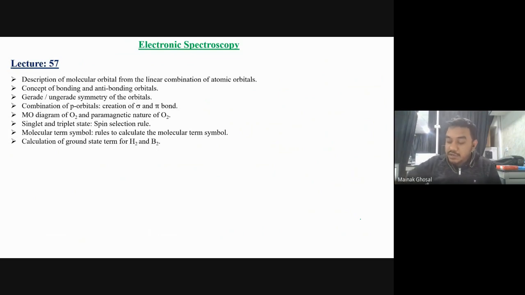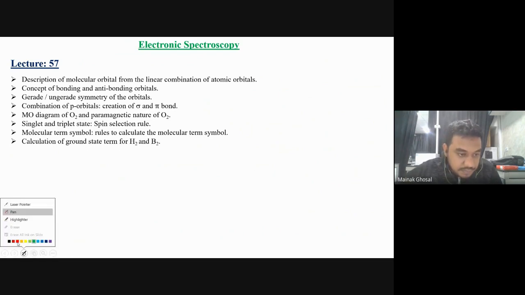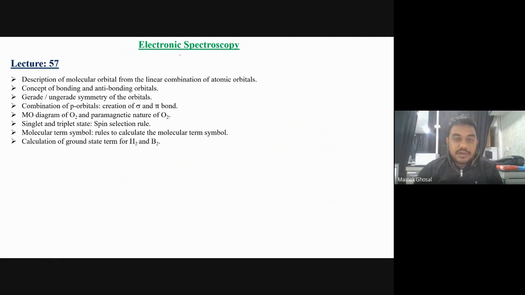This is a new spectroscopy, known as electronic spectroscopy. A very interesting kind of spectroscopy this is. For every system, if they interact with light, they will show electronic transition. Electronic transition is possible for every system.